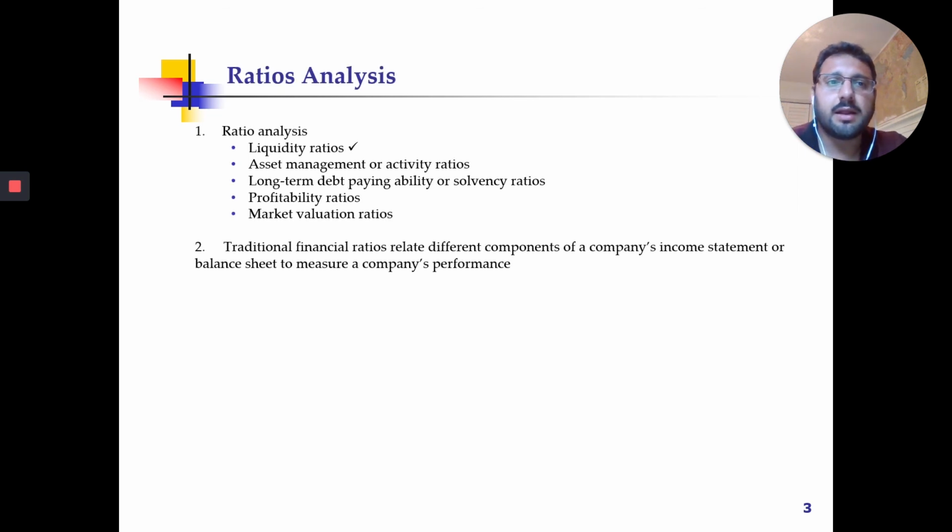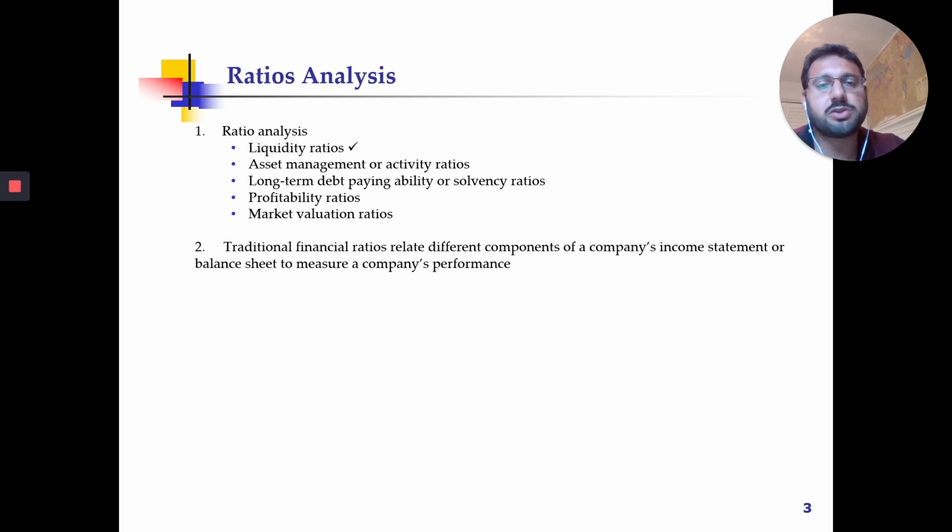There are five types of ratios under ratio analysis. Ratio analysis brings companies of different sizes onto equal footing, where you are trying to find the financial performance of the companies by establishing the relationship between different components on its financial statements.